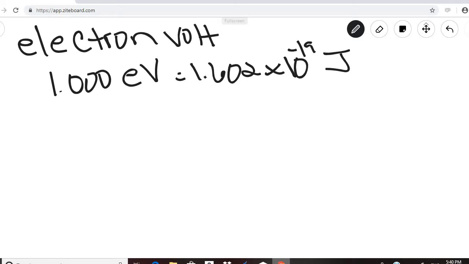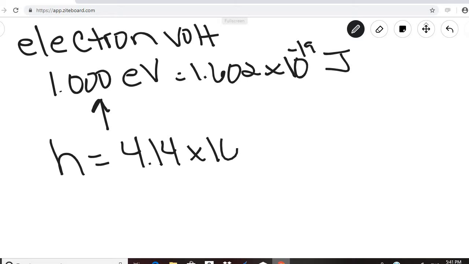So if you think about a joule, this is a very small amount of energy. And Planck's constant that we saw before, h, is equal to 4.14 times 10 to the negative 15 electron volts times seconds.